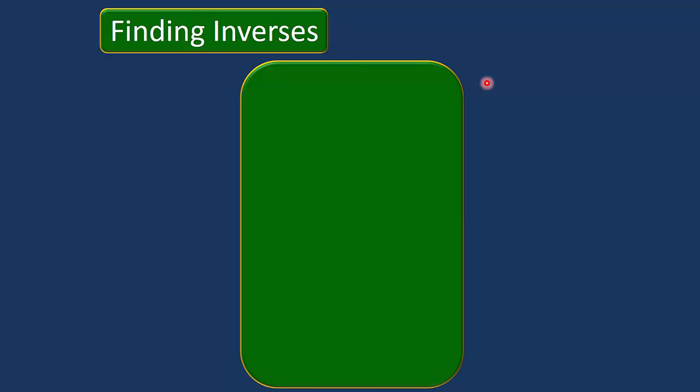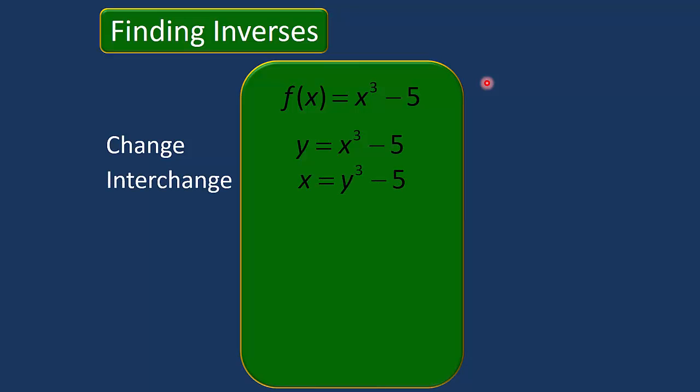Now let's see how, if we're given a function, we would find the inverse. So we'll use this example here. We have f of x equals x cubed minus 5. Now the first thing we do, we change notations just because we're about to pour a little bit of algebra on this thing, and we don't want to have to lug around that bulky f of x. So we change it to y, and then we interchange the variables. Every place we have a y, we replace it with an x. Every place we have an x, we replace it with a y.